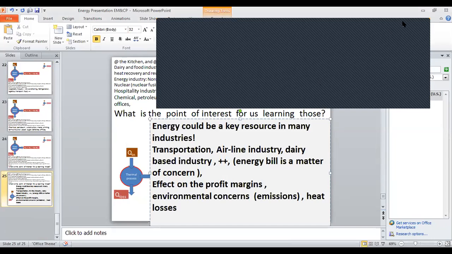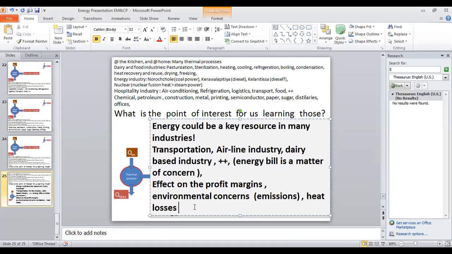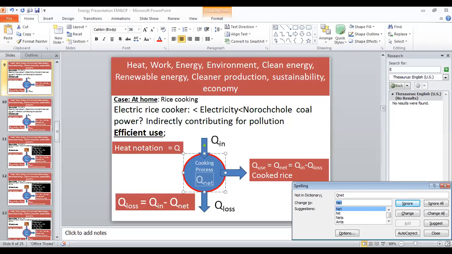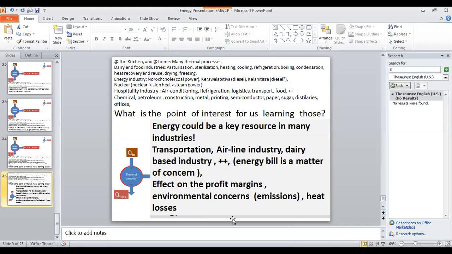So what is the point of interest? We outlined these things. How come these become points of interest for you? Because these are the potentials for you to contribute.